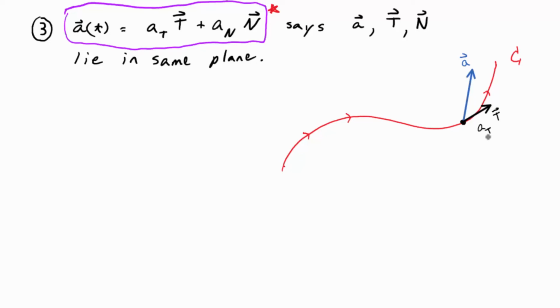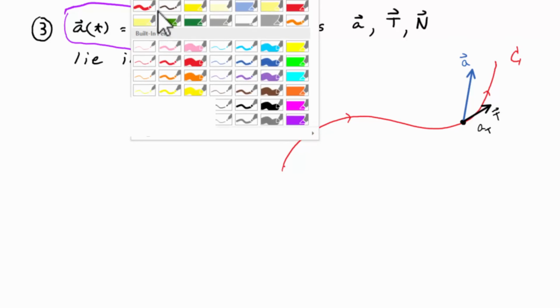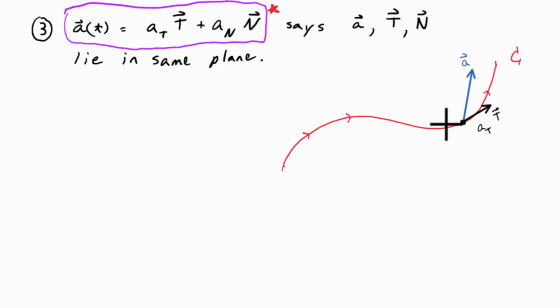And then the claim that I've been making all along is that N has to be normal to the curve, but it also has to be normal to T, doesn't it? So the claim is N would have to point in this direction as opposed to pointing, so this is another normal vector to the curve and to T, but it's not the right one.